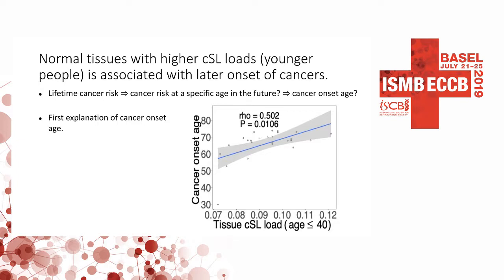And that's what we find. We find a positive correlation in younger populations. So if a tissue has high CSL load, the age of onset of cancer is much delayed. As far as we know, this is the first explanation of cancer onset age. There is no prior work on this.